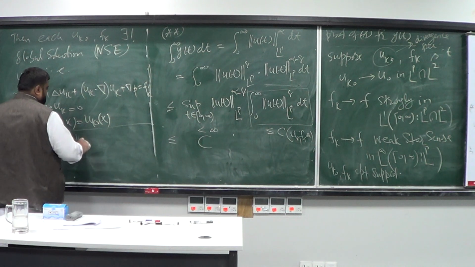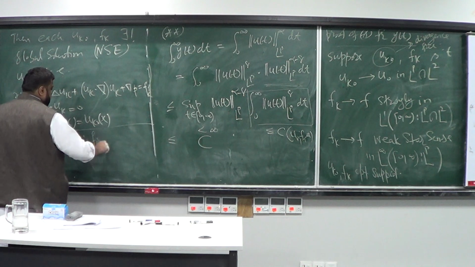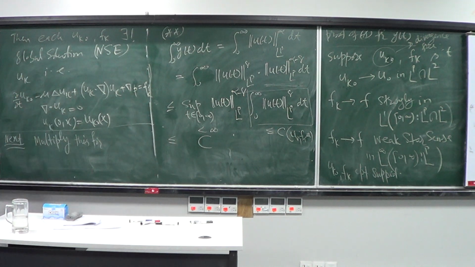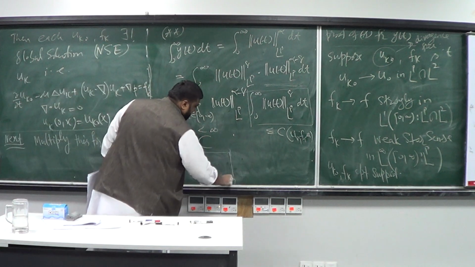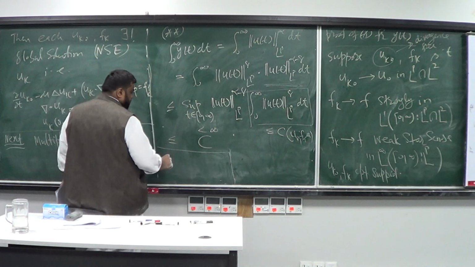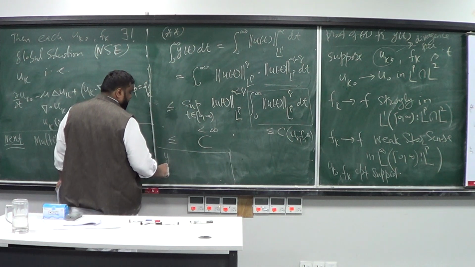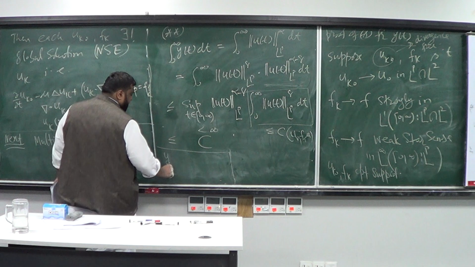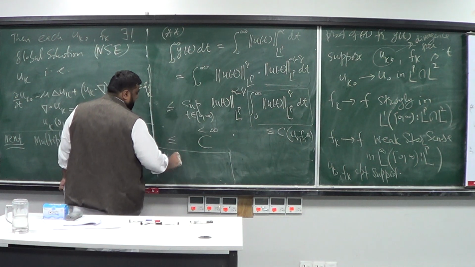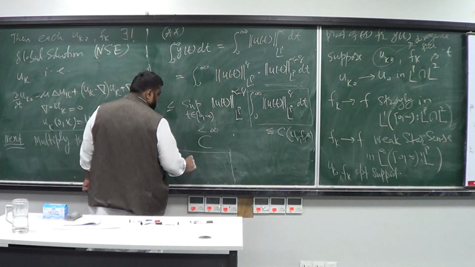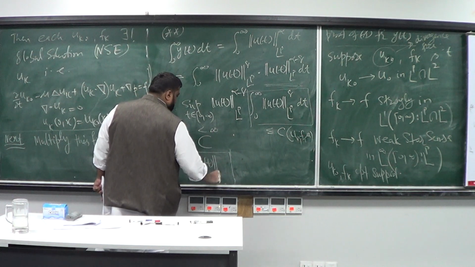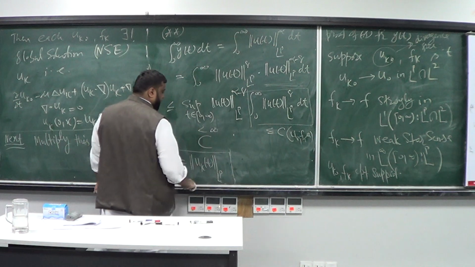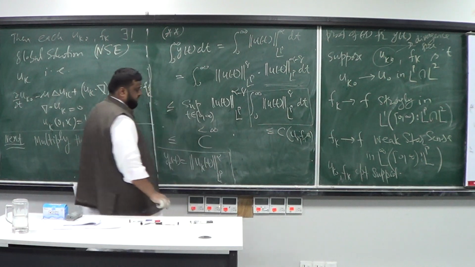By the way, where we are heading is that first I would like to show my star inequality for y_k of t, that is, the L^p norm of U_k of t to the power alpha.